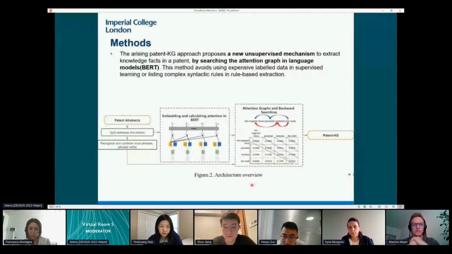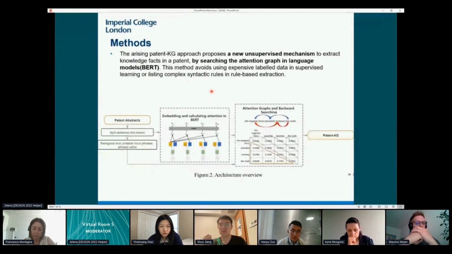So the Horizon Patent KG approach proposes a new unsupervised mechanism to extract knowledge facts in the patents by searching the attention graph in language models. This method avoids using expensive label data in supervised learning or listing complex syntactic rules in rule-based extraction.